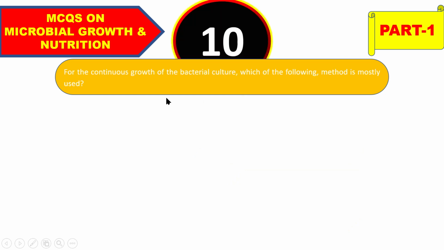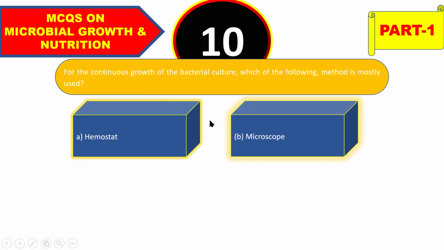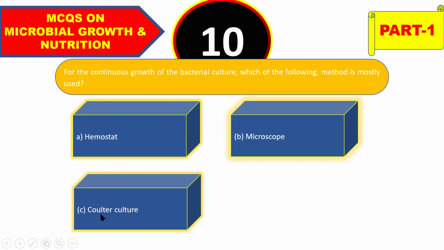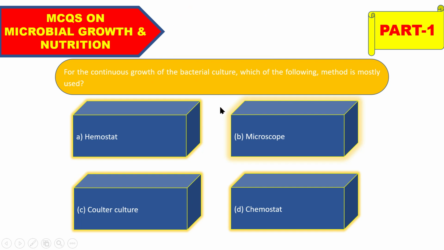So move on to the next, that is for the continuous growth of bacterial culture, which of the following methods is mostly used? First one is hemostat, microscope, culture, or chemostat. And the right answer about the continuous growth of bacterial culture is chemostat.